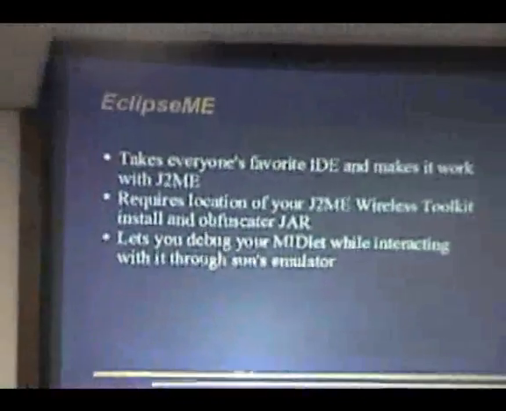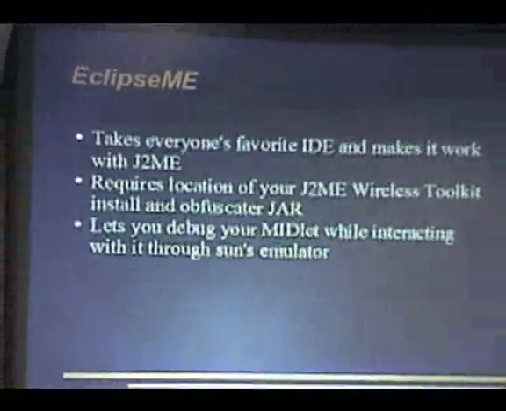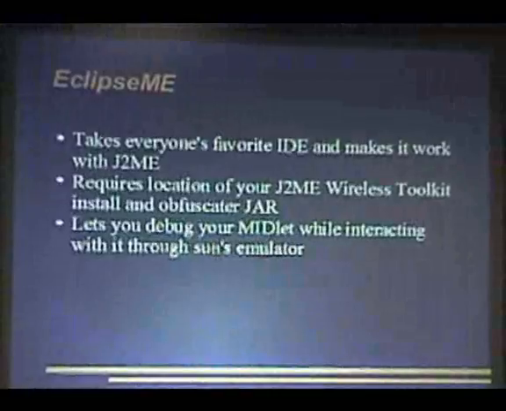Has anyone used obfuscation in regular J2SE? I'm just curious, to see if ProGuard's common or not. Yeah. EclipseME is basically a plugin that does what KToolbar does, but it makes it a little bit more elegant and puts it in Eclipse.